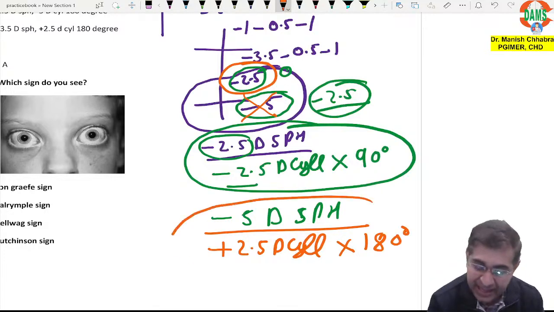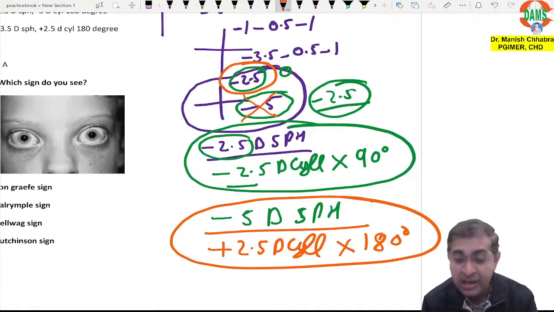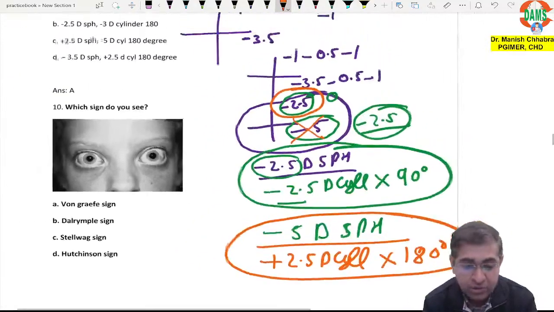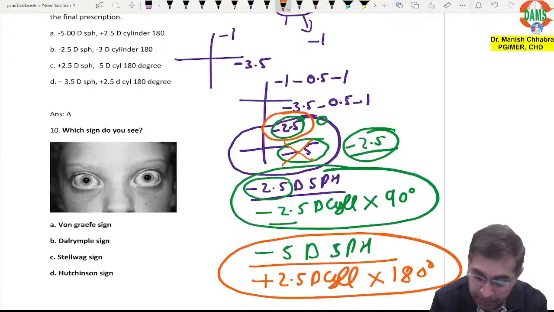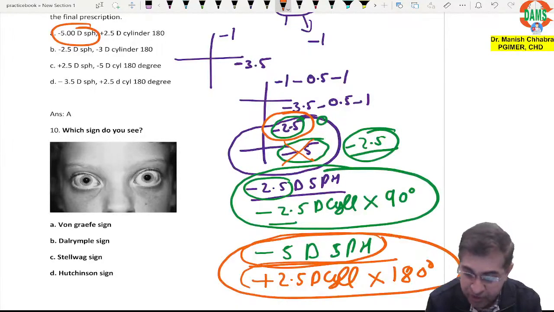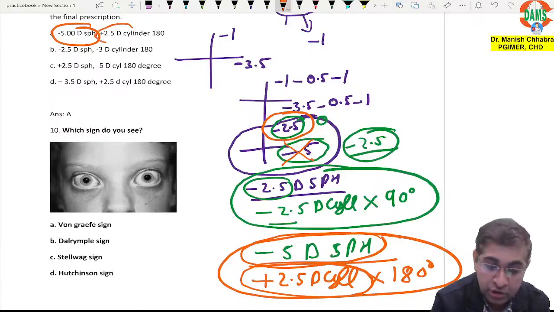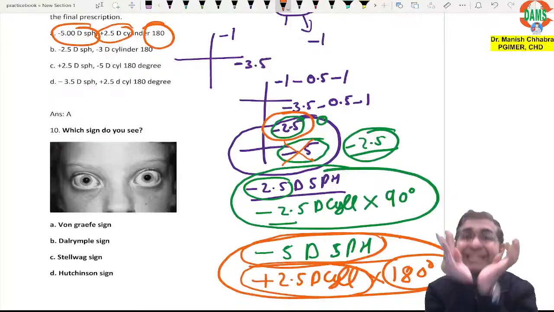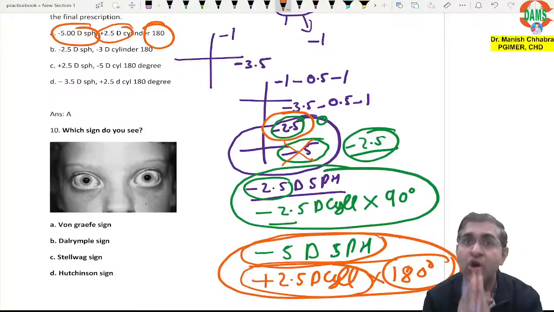So this can be the alternative equation. Now let's look for this equation in the options. Do we have -5 diopter sphere? Sir, yes. +2.5 diopter cylinder? Sir, yes. 180 degree? Yes, yes, yes. So it is the final answer. This is how you derive the equation.